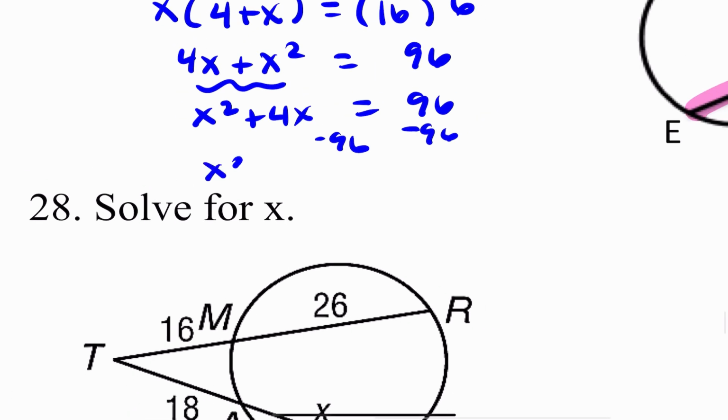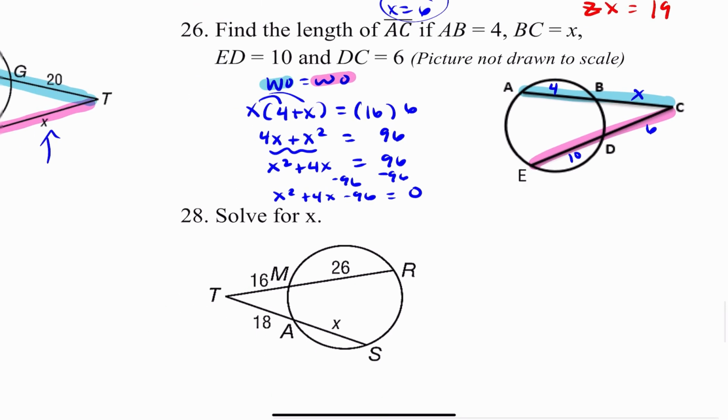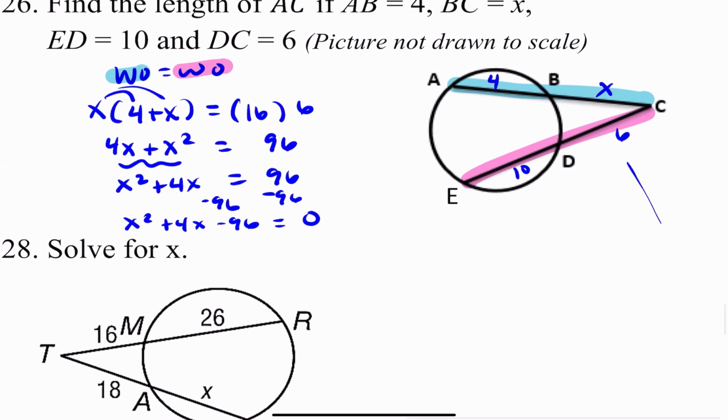So you have x squared plus 4x minus 96 equals 0. And then this is where you're going to apply the x method here. Negative 96 goes up top, and then 4 goes on the bottom.